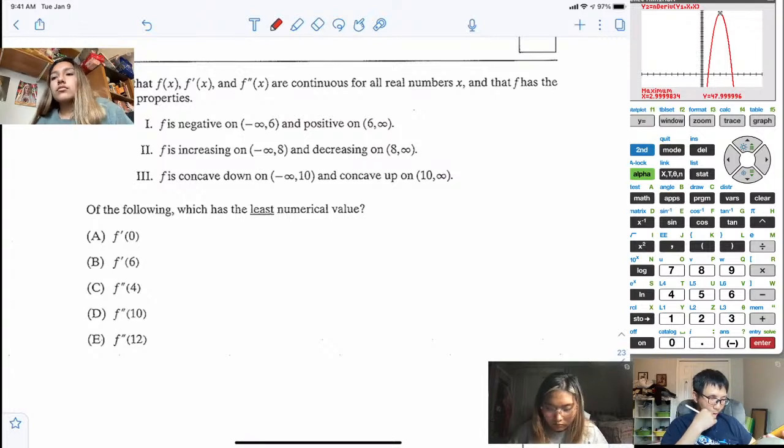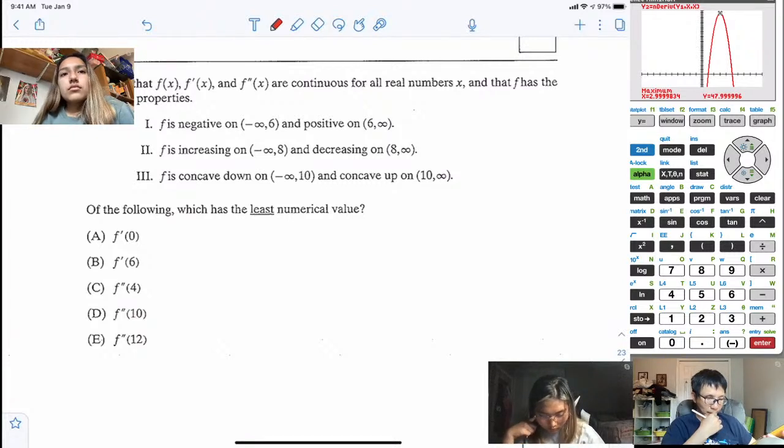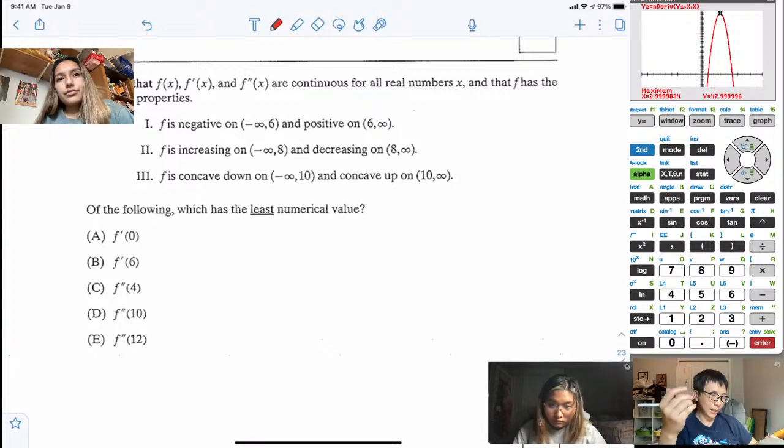Okay, so we're going to look at question 43. f of x, f prime of x, f double prime of x has the following properties. f is negative between negative infinity to 6 and 6 to infinity.